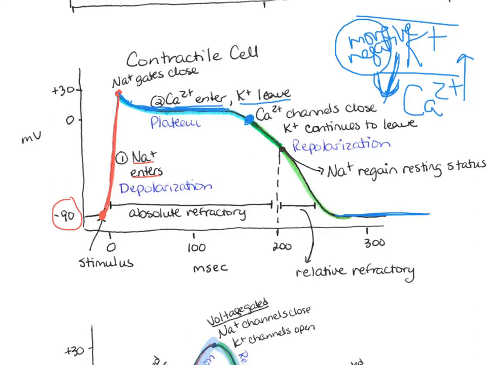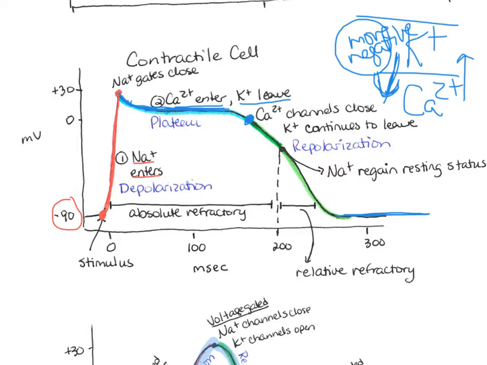So this is something that we see in the heart contractile muscles. We don't see this in our skeletal muscles. We don't see this in our neurons. This is our contractile cell of our heart. So why would we actually want that to occur?